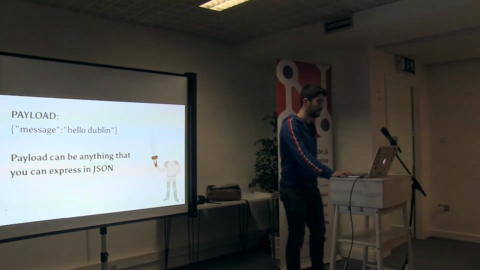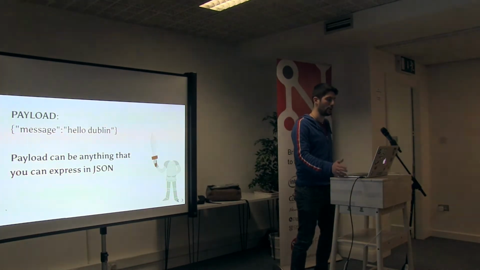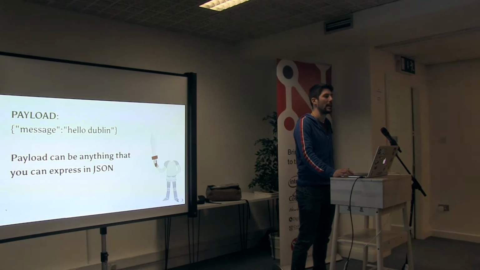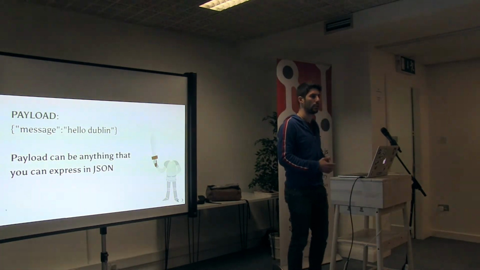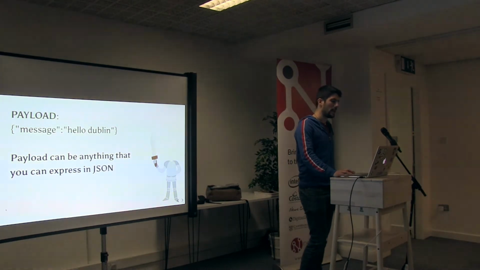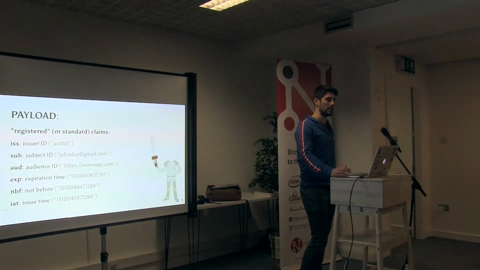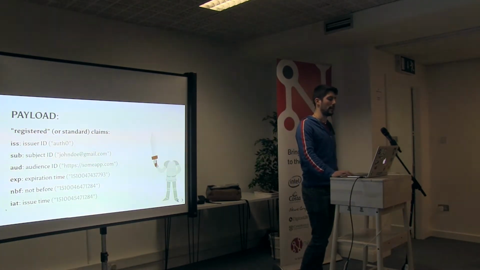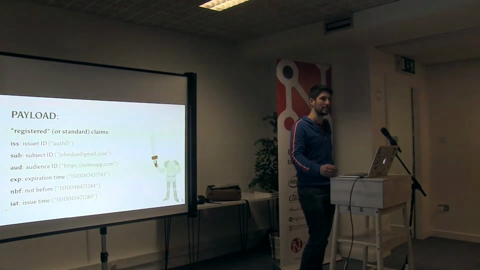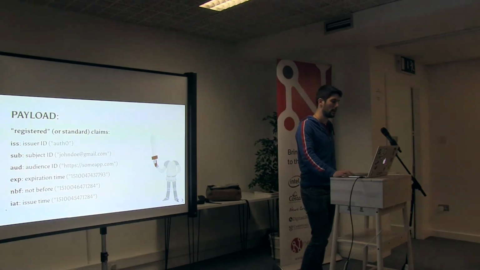So the payload, in this case, I had message and load Dublin as a payload, can be basically anything that you want to express. You can express it as a JSON, but basically anything you want to put inside the token. There is a set of suggested claims that are also called registered or standard. For example, you might have issuer, in this case Auth0, you might have a subject, which is the person or the system for which you created the token, and can be an email or an ID in your system.